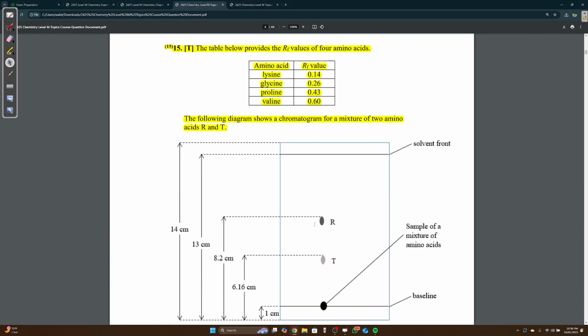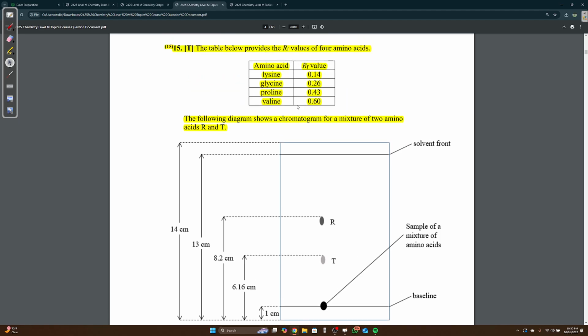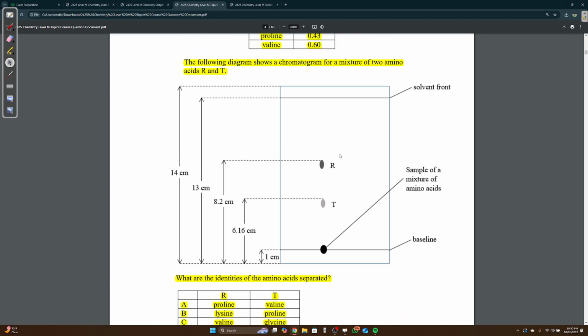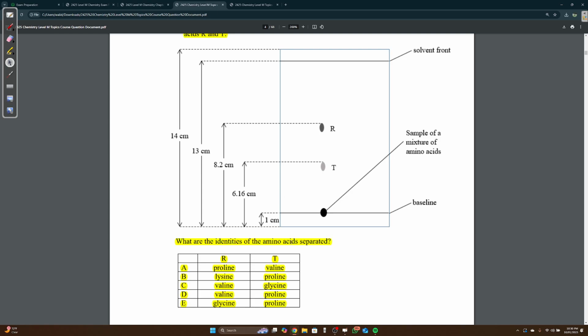Question 15. The table below provides the RF values for four amino acids: lysine, glycine, proline, and valine. The following diagram shows a chromatogram for a mixture of two amino acids, R and T. What are the identities of the amino acids separated?